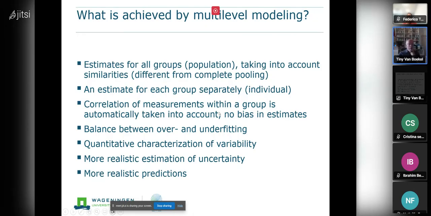So this gives you, in that sense, no bias in estimates. And what it basically does is it balances between overfitting and underfitting, if you do complete pooling or only separate analysis of each experiment. You also have quantitative characterization of variability, and your uncertainty estimation becomes much more realistic. And therefore, your predictions will also be much more realistic.